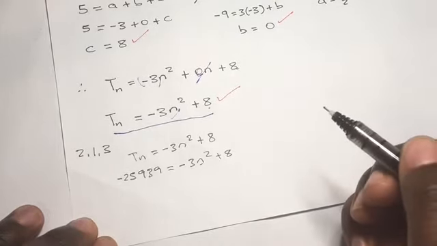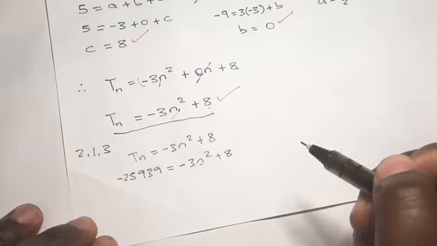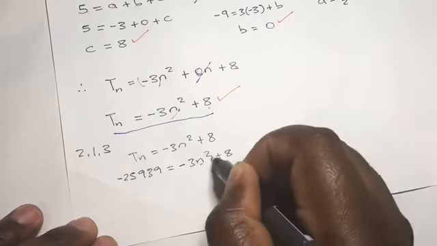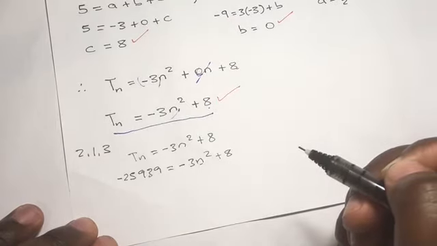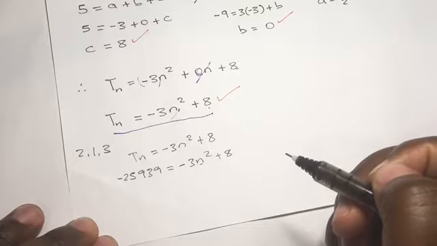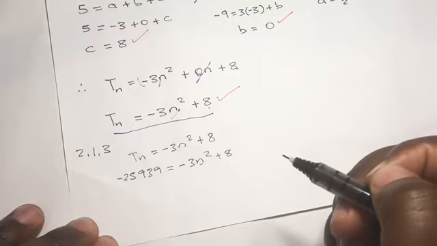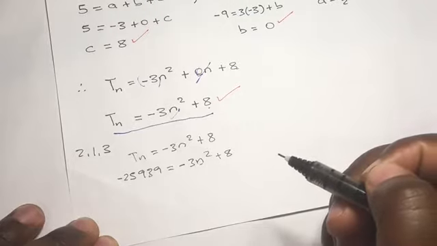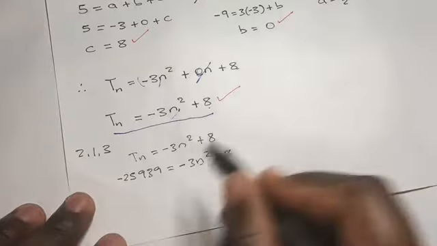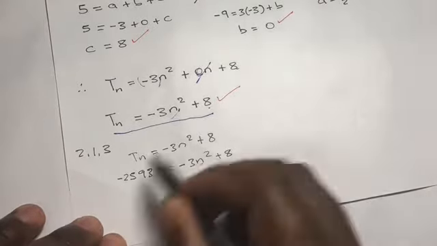So I'm just quickly going to show you how you solve for n. The value that you get for n is the term in the sequence where it will be equal to negative 25,939. So let's see.